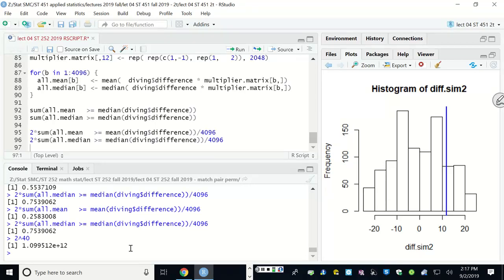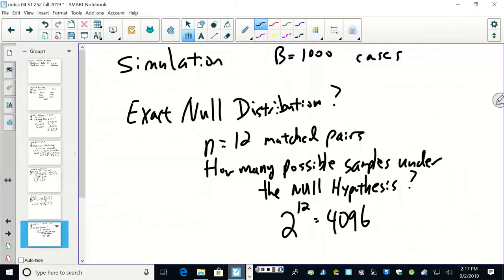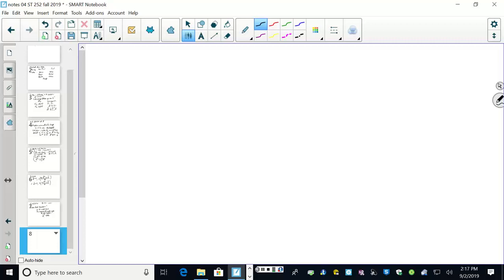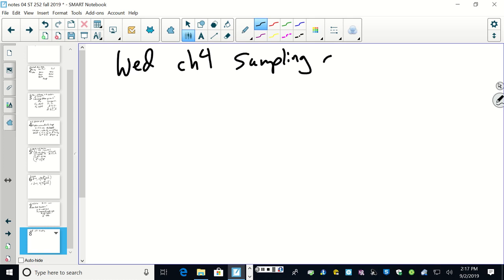We have a couple other things that we're going to talk about. One thing I wanted to say is on Wednesday, we're going to look at chapter 4 for sampling distribution. So our statistics that we do, like y-bar or the average difference or median.